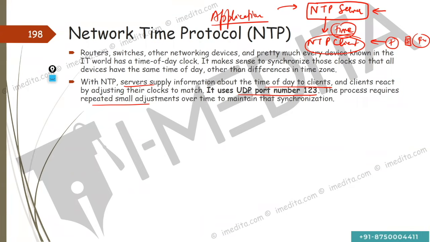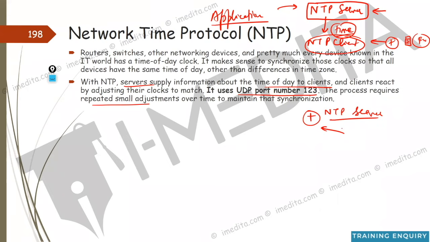So what we do is configure one device. It is typically done in this way: let's say I'm taking a router and I'm planning to make it an NTP server. Before I make it an NTP server, it makes sense to set the time accurately by looking at some trusted source.